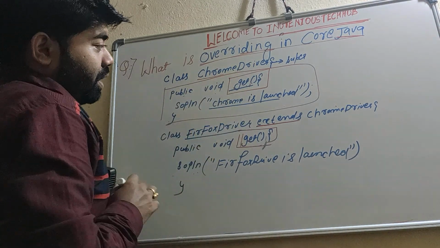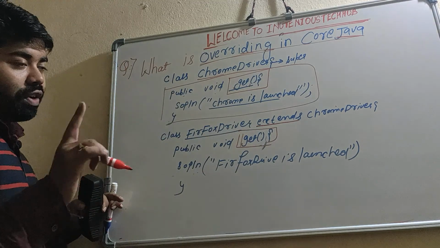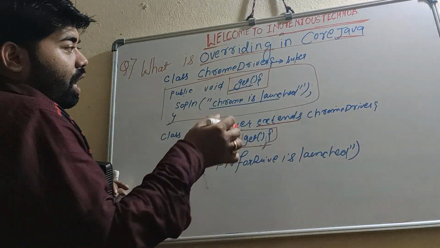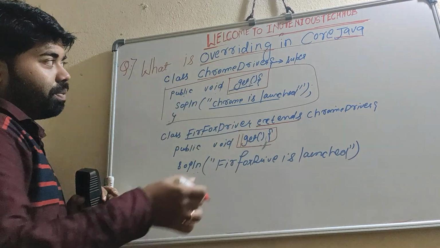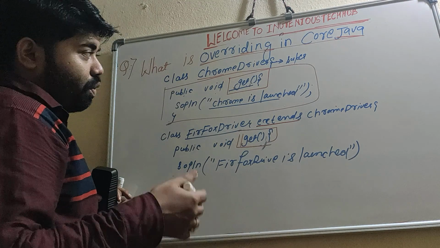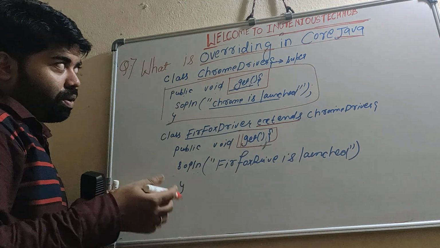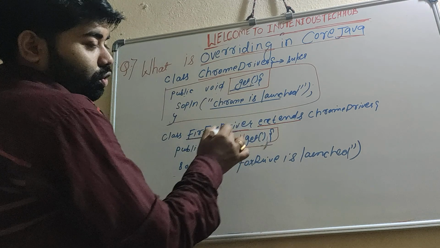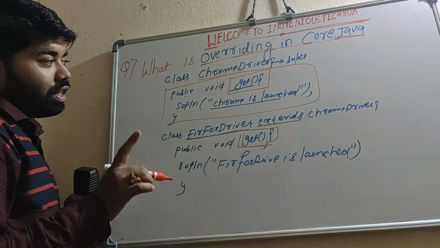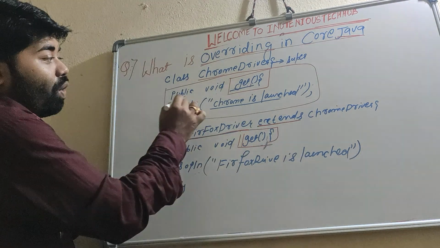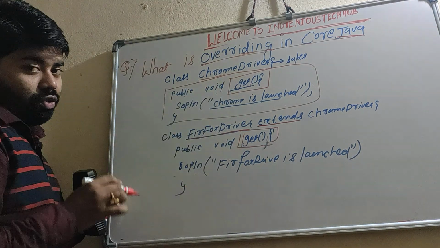Again, I'm going to repeat what overriding is. First, we have to remember we cannot achieve overriding in the same class. If you want to perform overriding, then we must create another class also, a subclass. So this is one rule. Second rule: in overriding only a non-static method is allowed.